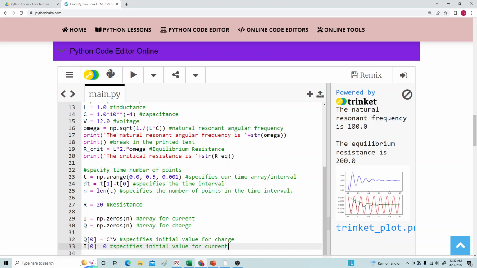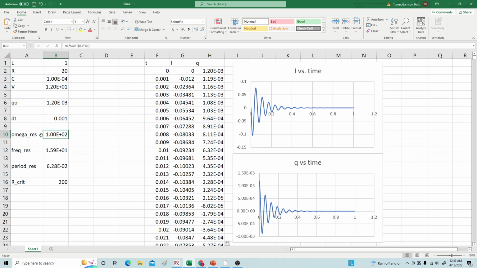And so then what is the difference between the first and the 0th element? If my interval is 0.001 as I've specified, then the difference between those should be 0.001. So you can print dt just to make sure that it is what you expected it to be. But here we're basically letting the array specify what dt is for us. And here we're specifying what dt is and then letting the array build itself.